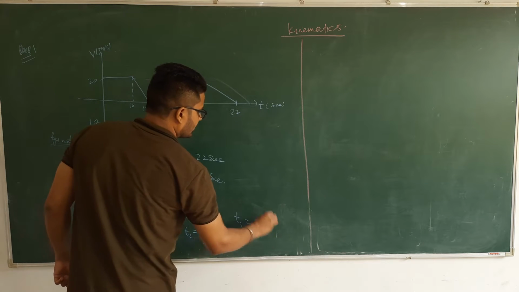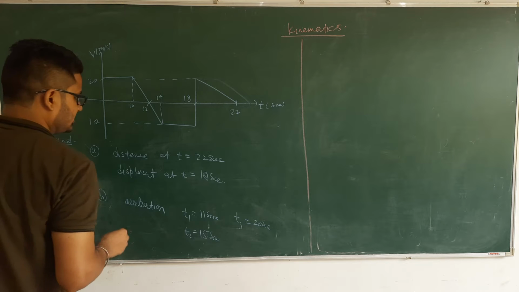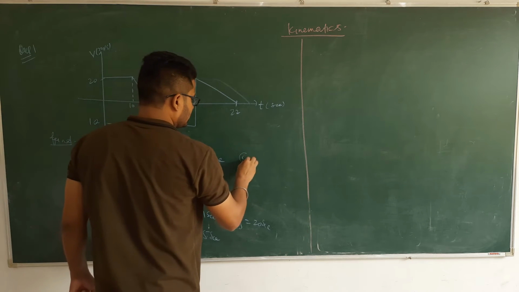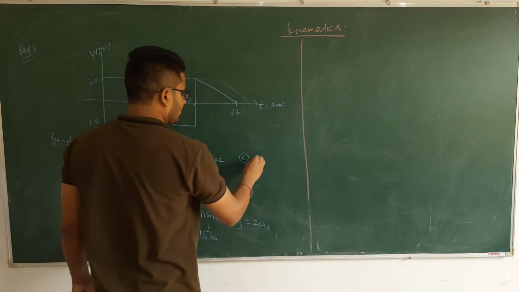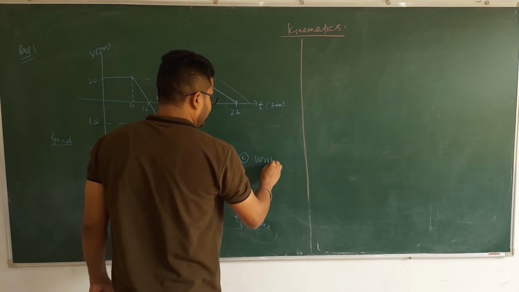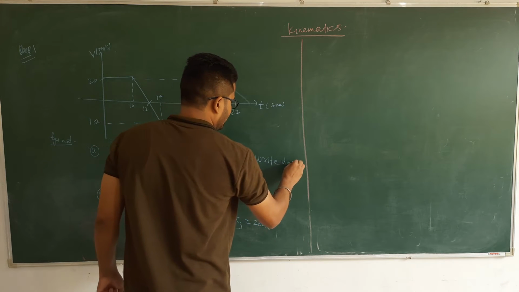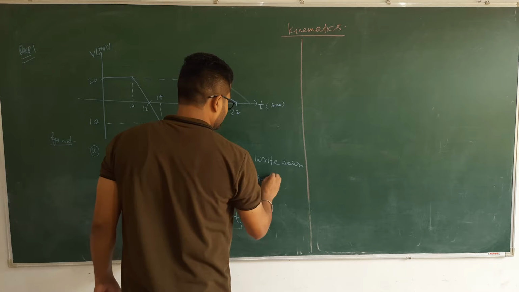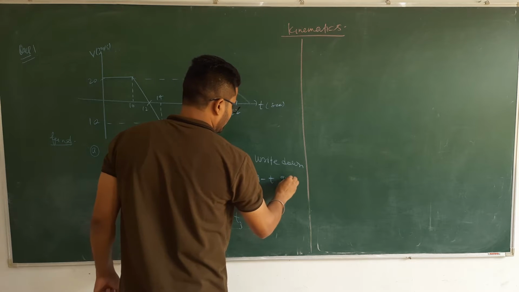Okay, beta. Next, C, write down the acceleration versus time graph.